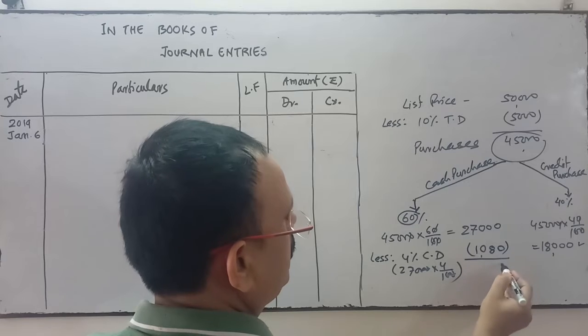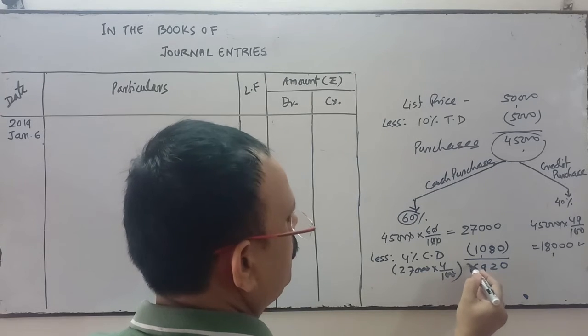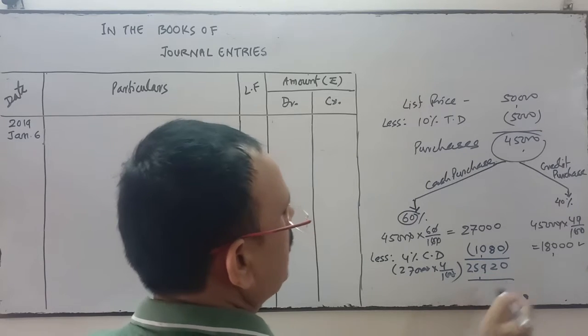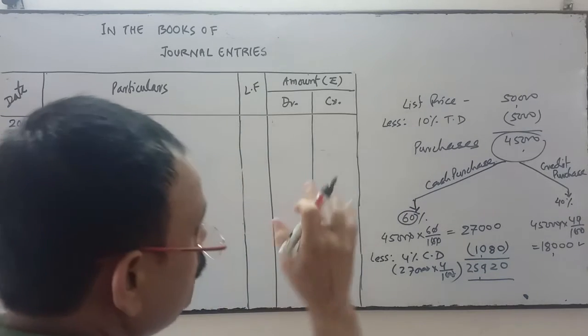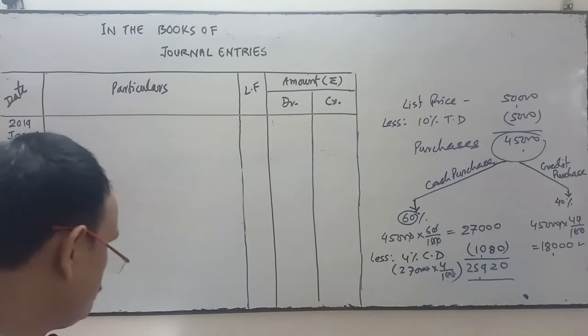This will be deducted. So 27,000 minus 1,080 is 25,920. So the accounts involved in this transaction, purchase of goods from Henry.